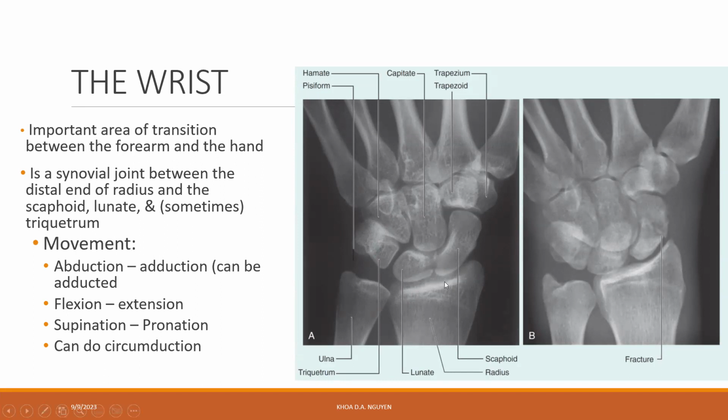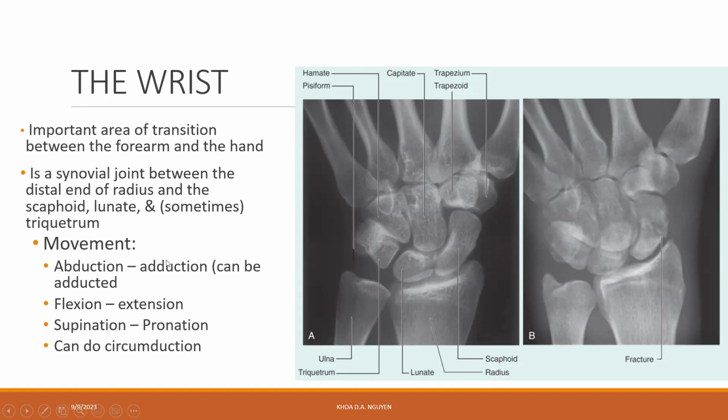And it is in between the distal end of the radius right here, as well as the three carpal bones, the scaphoid, the lunate, and sometimes the triquetrum, okay, when you have ulnar deviation. All right, so the movement of this radial carpal joint is very extensive, containing abduction and adduction, okay, containing flexion and extension, a little bit of supination and pronation, even though a lot of the supination and pronation happens actually at the elbow, okay?